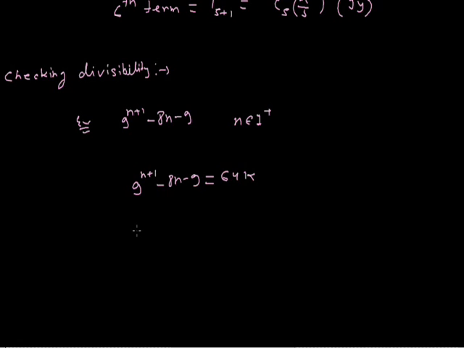Okay. Now 9 into 9 to the power n, which is equal to 9 into 1 plus 8 to the power n.